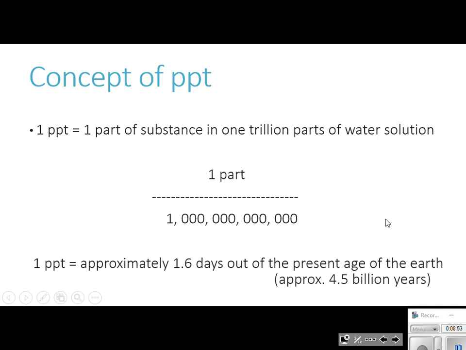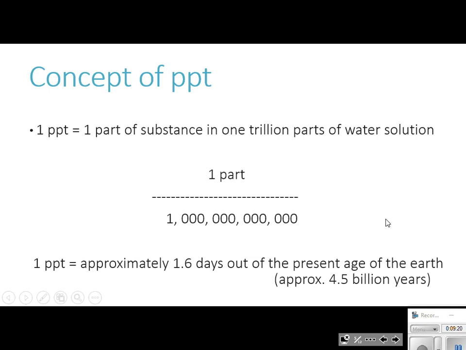And 1 part per trillion is approximately 1.6 days out of the present age of the Earth, which is approximately 4.5 billion years. I always love those comparisons because I don't think we have any concept of a billion.